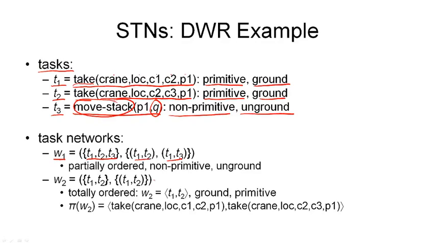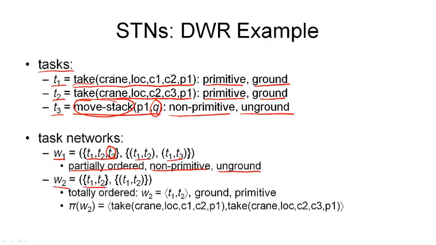So this task network is partially ordered because T2 and T3 are not ordered with respect to each other. It is non-primitive because it does contain at least one non-primitive task, in this case T3, and it is unground because it also contains one unground task. Again, this is T3.